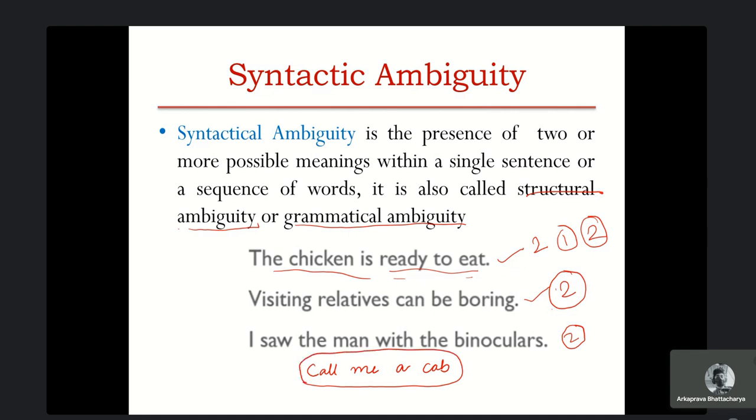More than one meaning. So call me a cab could be a request to get a cab, or the person is trying to say to another person, you call me a cab. So I can interpret two different meanings out of this sentence. This is what we call syntactical ambiguities.